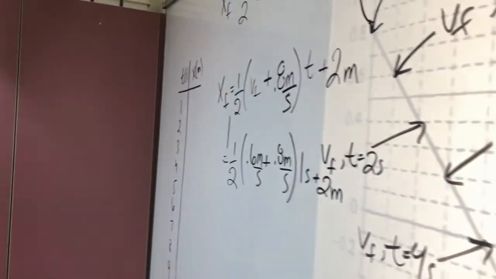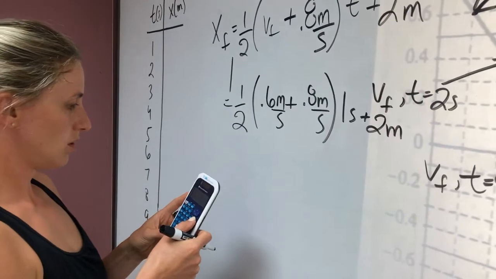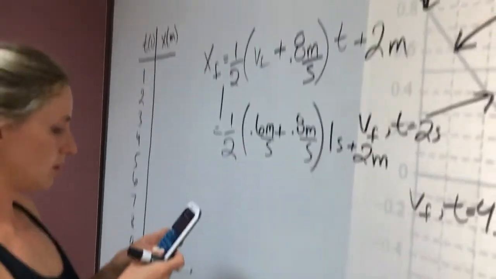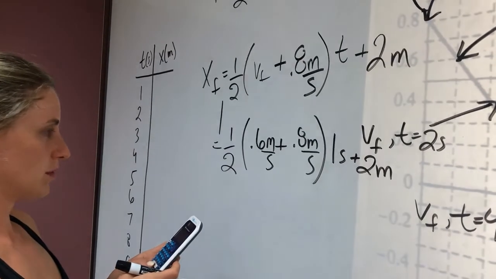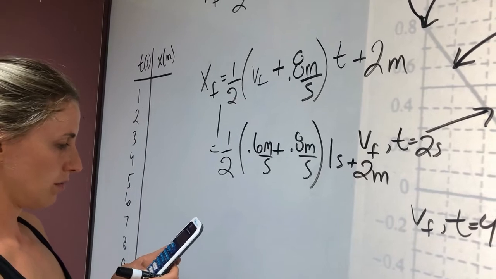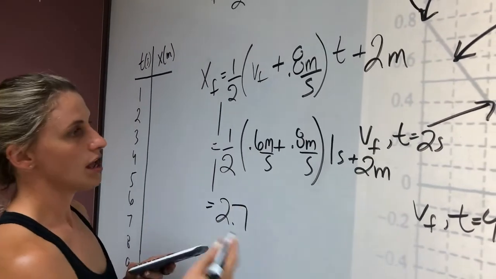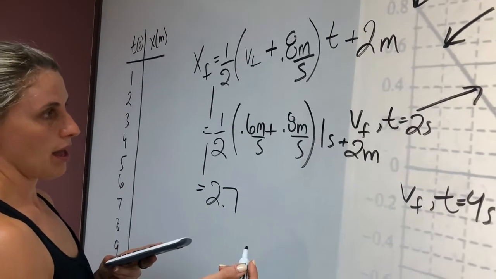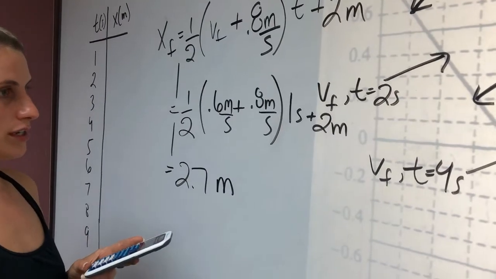I'm gonna go and plug that in. Okay, so we'll go 0.5 times 0.6 plus 0.8 times 1 plus 2. Okay. And I get 2.7. I know I'm talking about meters here because we're talking about position. So I'm gonna put meters right there.